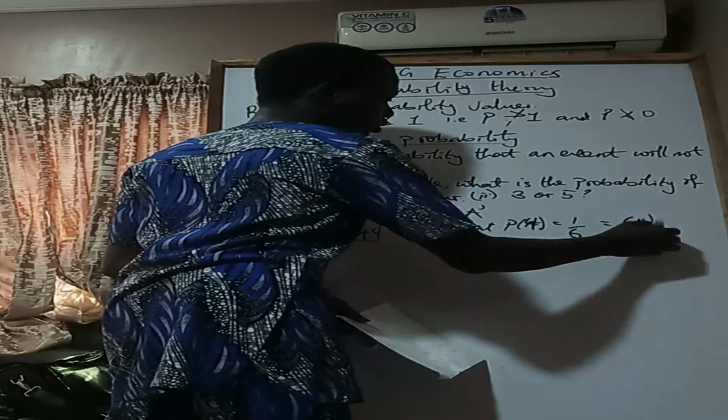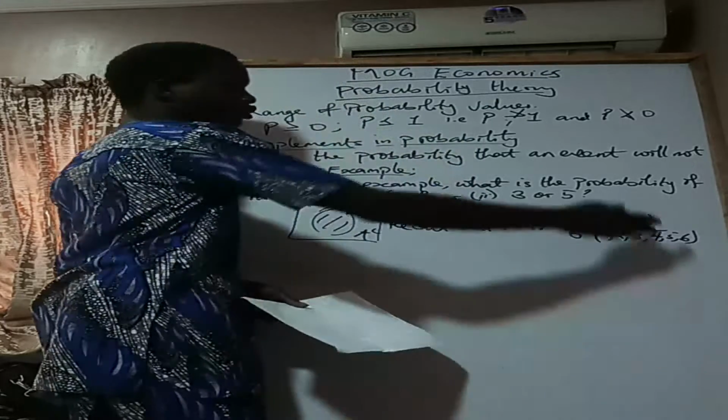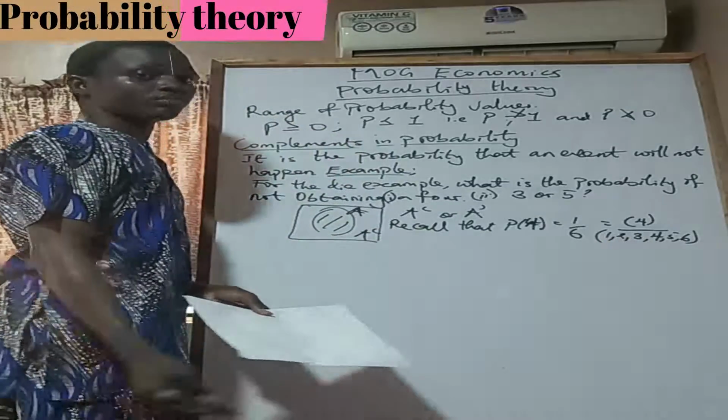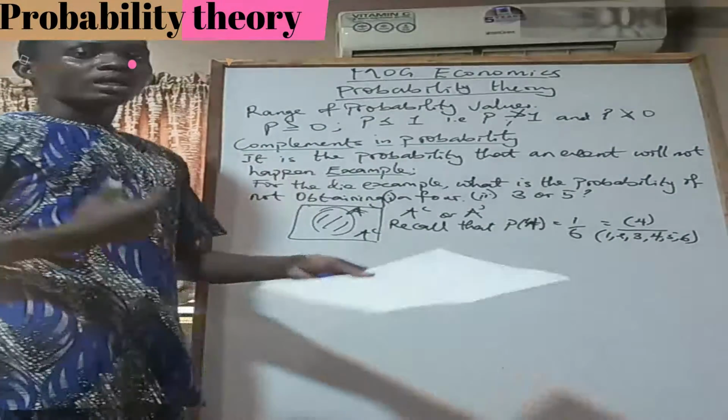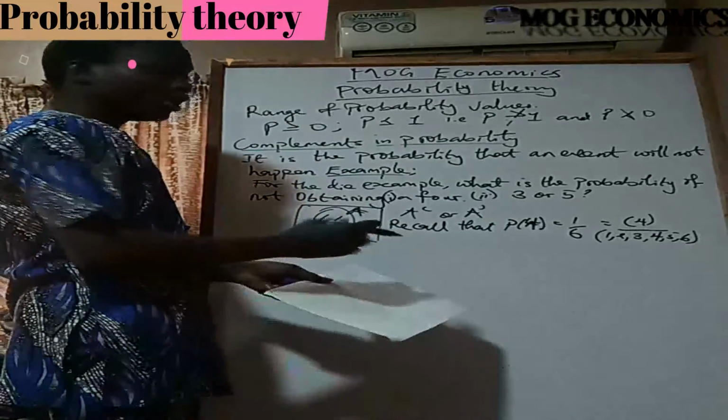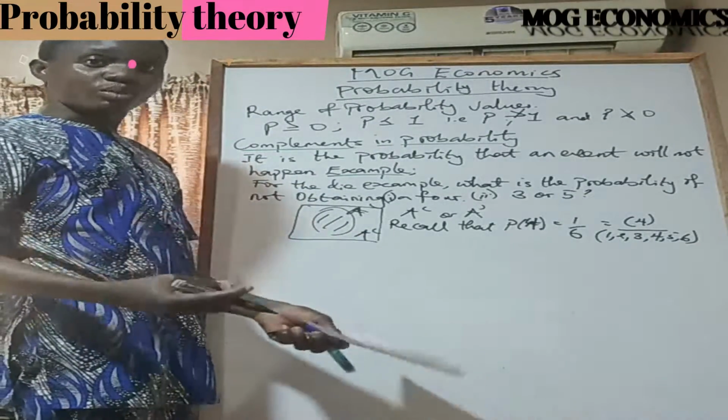How did we get that? We said only event 4 will happen out of events 1, 2, 3, 4, 5, 6. The frequency of event 4 is just 1, and the sum of all the frequencies is 6. So the probability that 4 is not going to show up is, you remove 4 from the sample space.